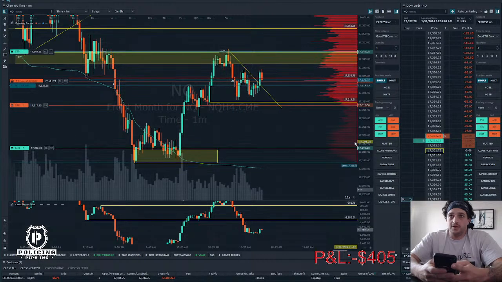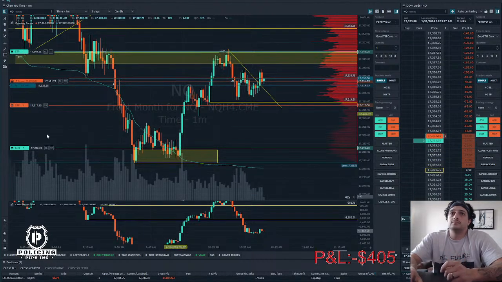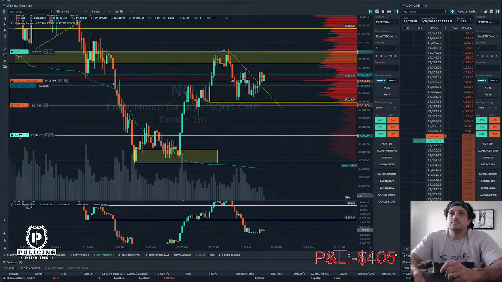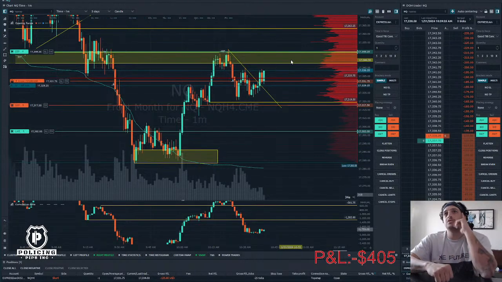I want this to be a failed breakout once again. Look at that thing push.